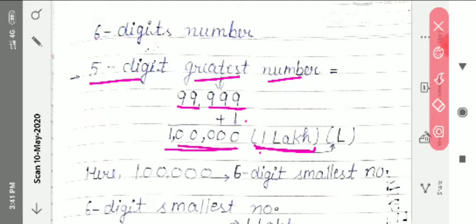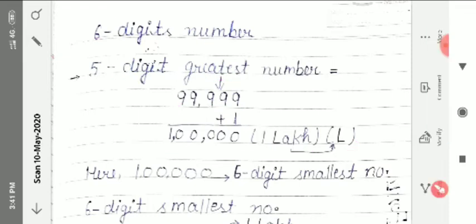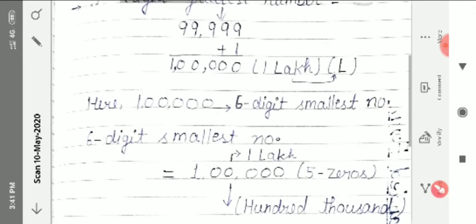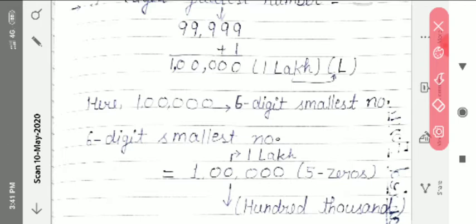And in the place value chart, we will show it by capital L. So here, what will be the 6-digit smallest number? 1 lakh. It is called the 6-digit smallest number.